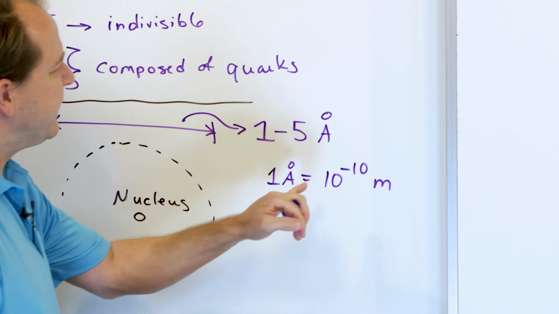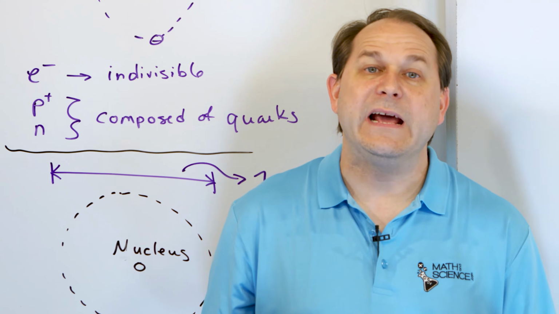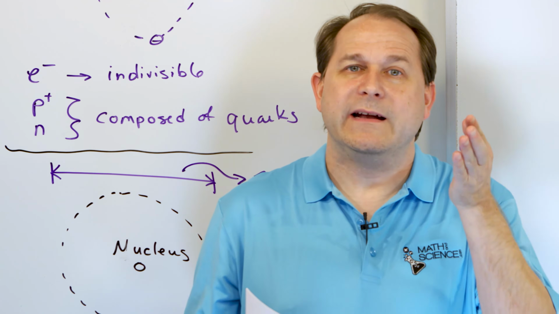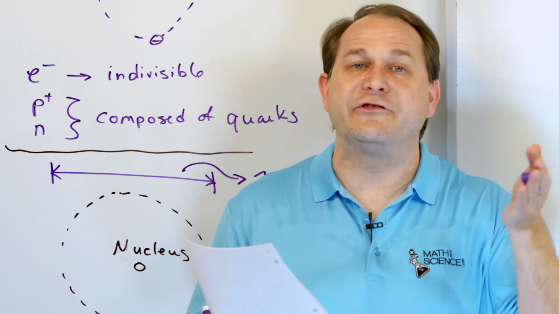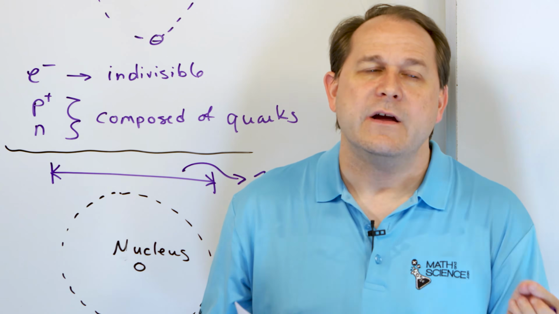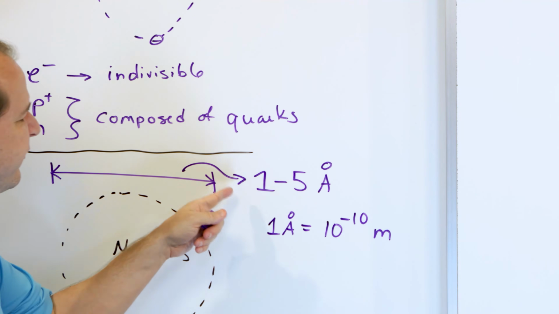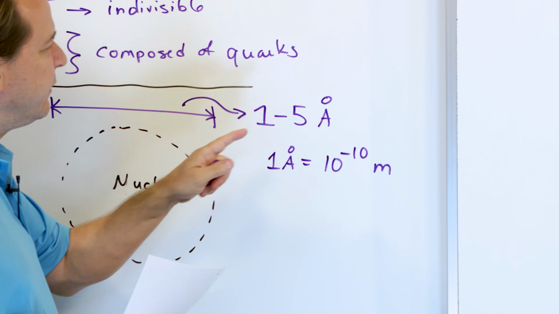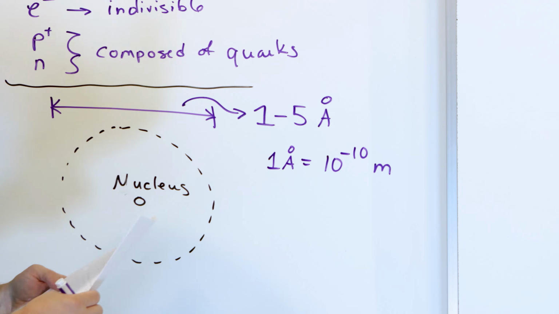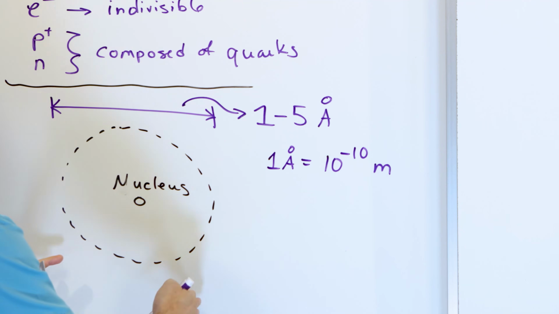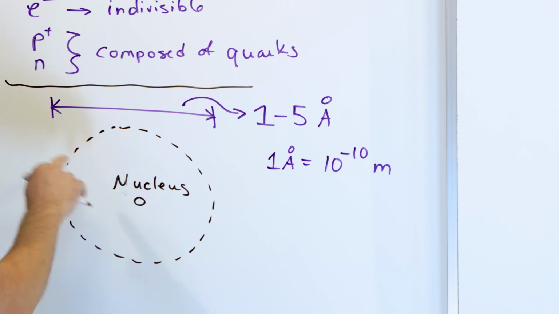If you think of 10 to the minus 9 being a billionth of a meter, then an angstrom, 10 to the minus 10, is 10 times less than even that. So it's much smaller than 1 billionth of a meter. That's incredibly small, and that is the size of the entire atom. The nucleus is actually way smaller than that.